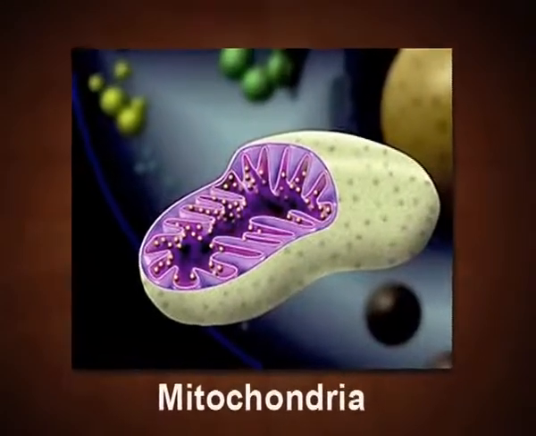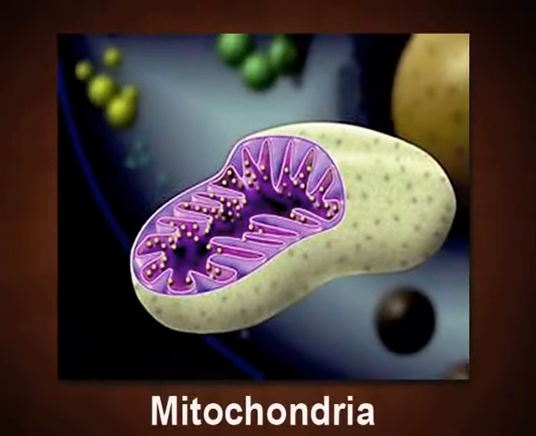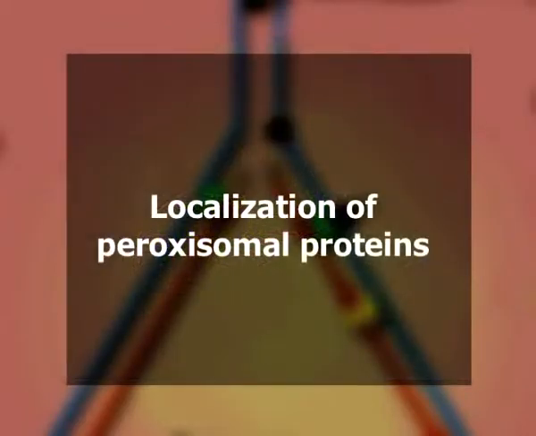Number 3, presence of a number of metabolic enzymes in the peroxisomes that were likely recruited from the mitochondria. Number 4, localization of peroxisomal proteins to the endoplasmic reticulum. And number 5, the similarity of some peroxisomal proteins to those localized in the endoplasmic reticulum.